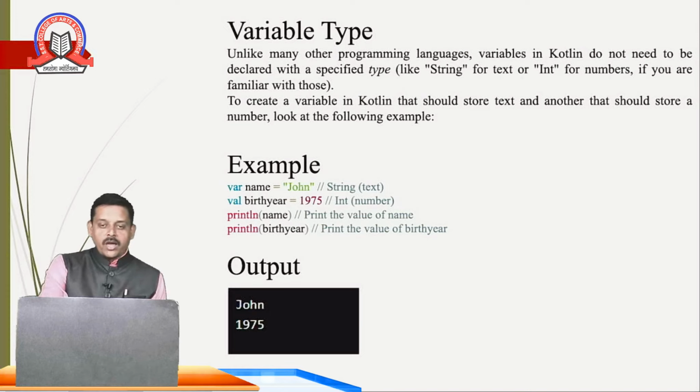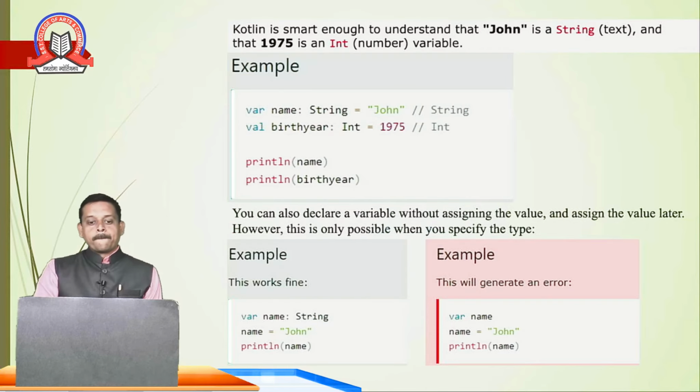Here we haven't used any special keyword like string or int to declare the variable with a specific data type. But Kotlin, as we know, is smart enough to understand that John is a string, a text, and 1975 is an integer, a numerical value.